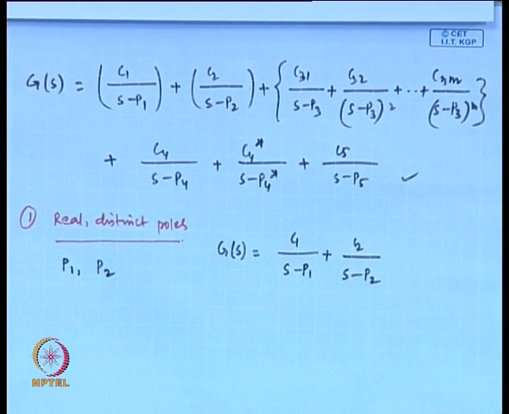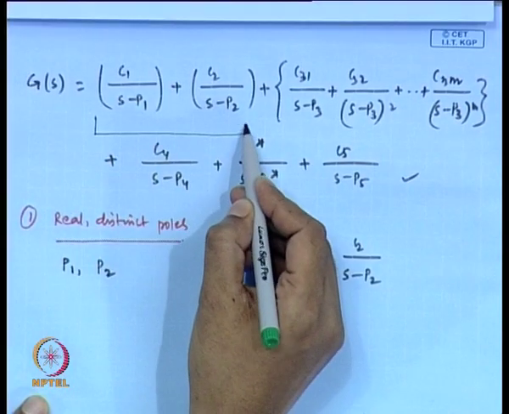We are presently considering a system which has two distinct real poles, P1 and P2, so we are considering just this part of the transfer function.